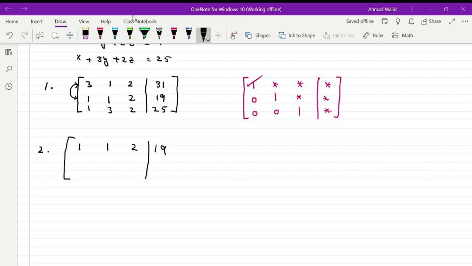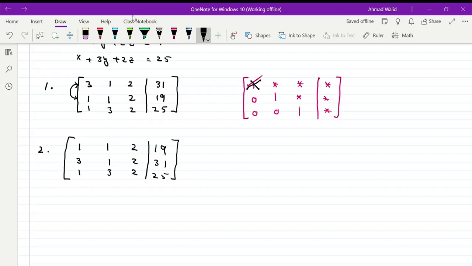And I'll bring row 2 here, which is 3, 1, 2, 31. And I'll copy my row 3: 1, 3, 2, 25. You could even interchange between 1 and 3, because they were the same. It doesn't matter. Okay, look, I'm done with step 1.